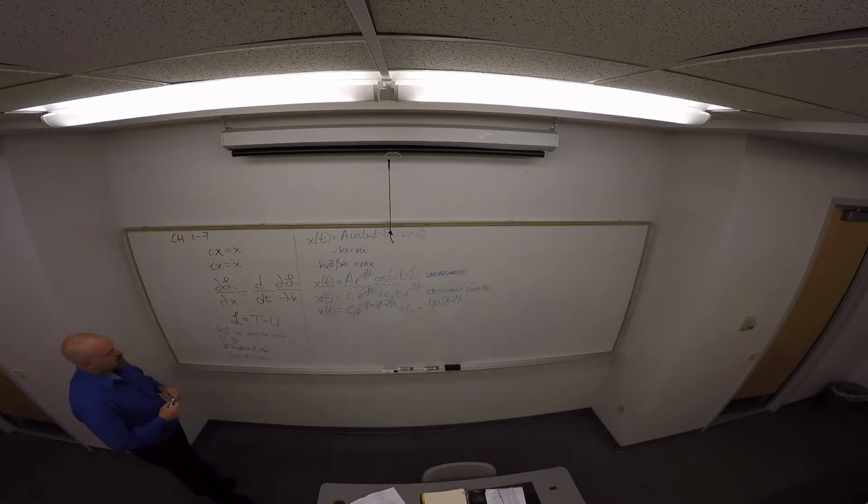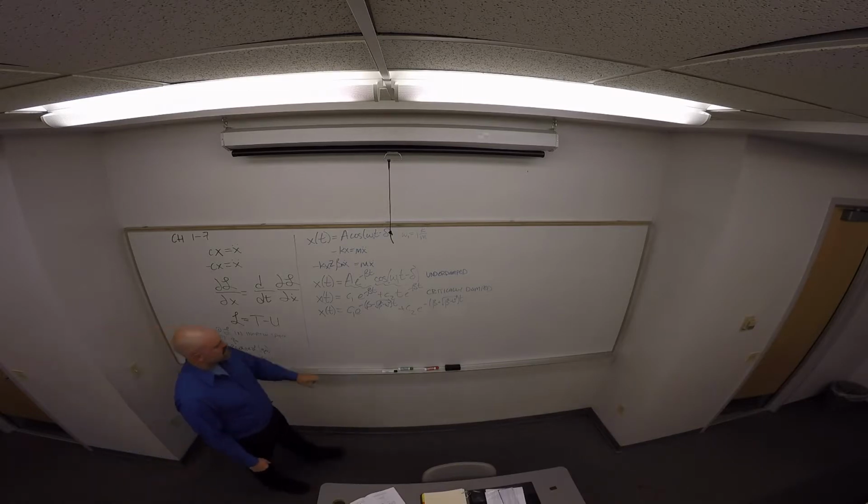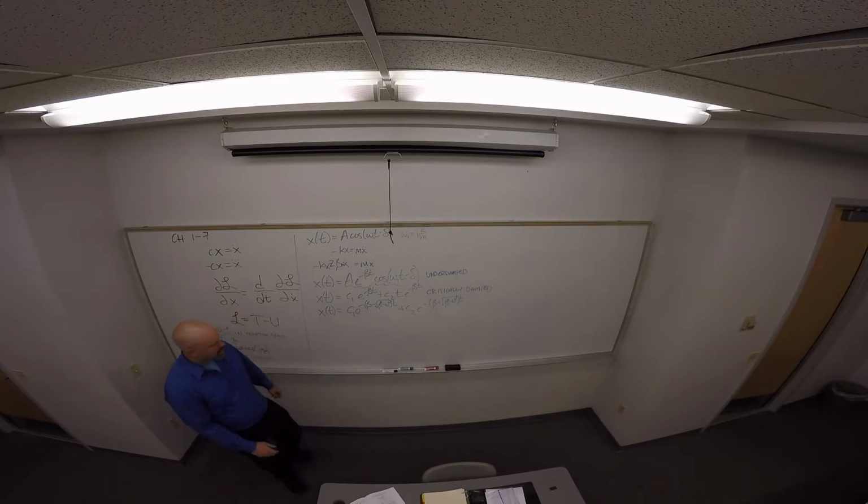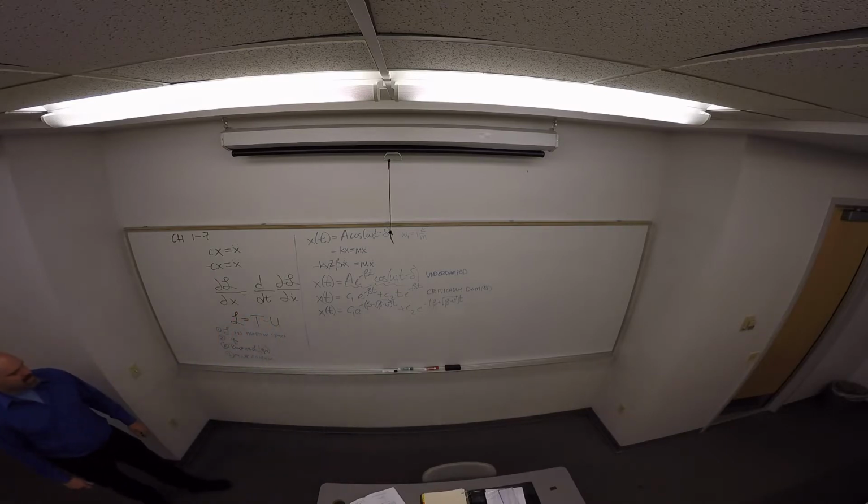So this is the slowest way to get there, because this term, beta minus square root of beta squared minus omega squared, is always going to be lower than just e to the minus beta t by itself. So this is going to take longer to get back to the origin. But it's ultimately going to get you to the same place.